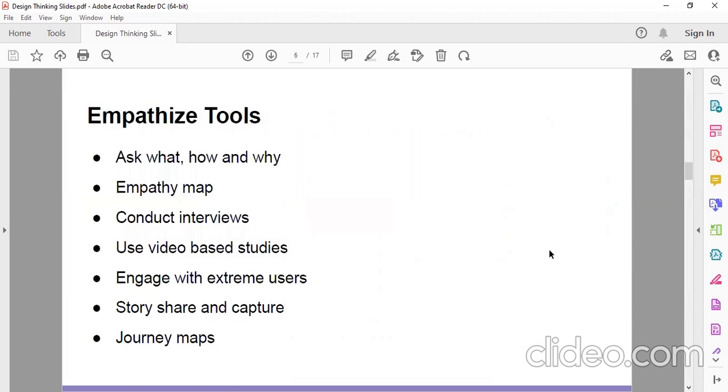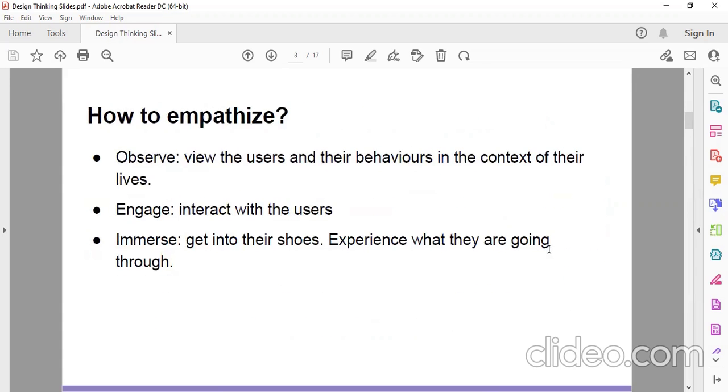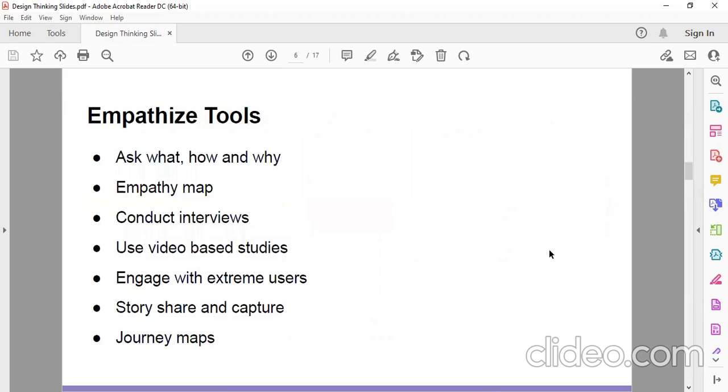Okay, we'll move on to empathize. I have already discussed it in the previous slide. Anyhow, this is a phase to understand the user, right? You try to engage and understand the people for whom you are going to design the product.